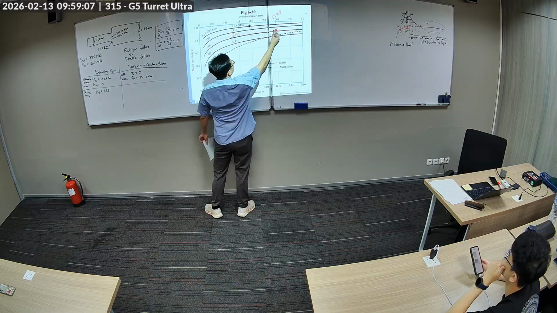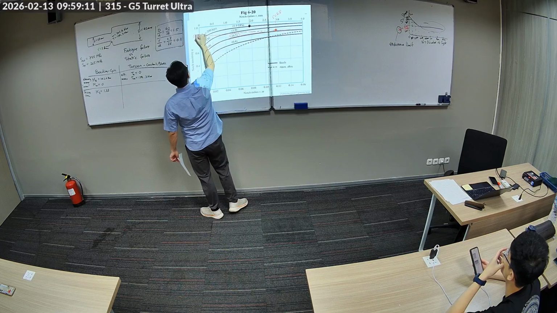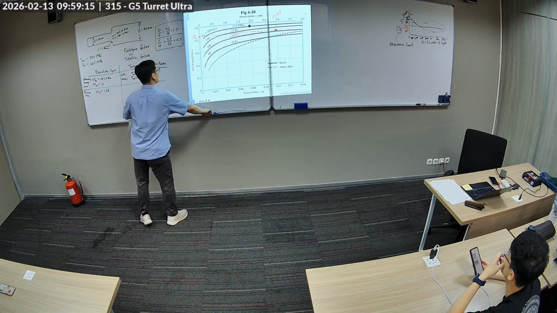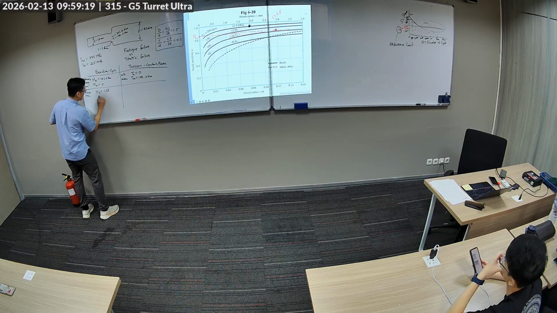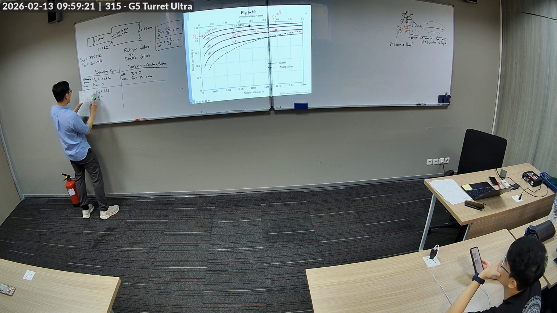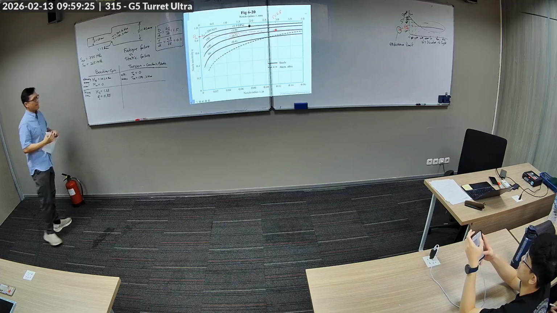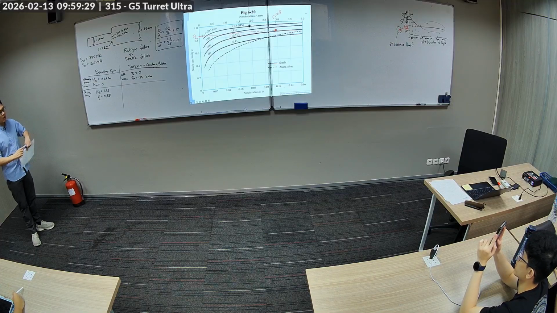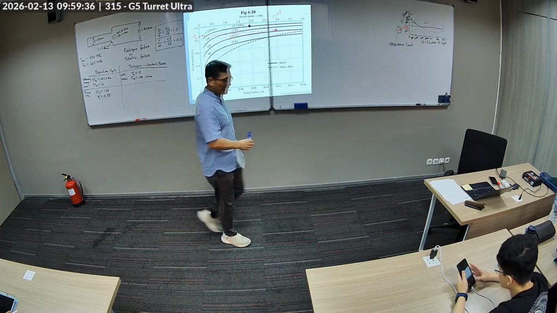So the notch sensitivity is here, is the q. And using my razor sharp eye, I estimate it to be 0.85. Question on using this chart? This is the notch sensitivity chart.